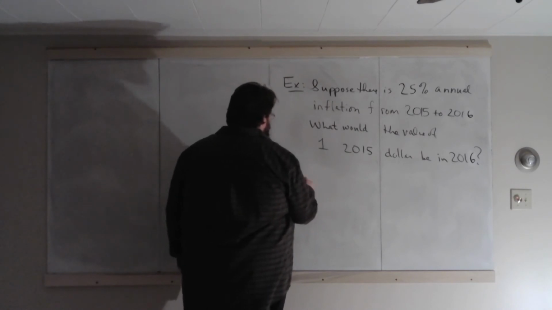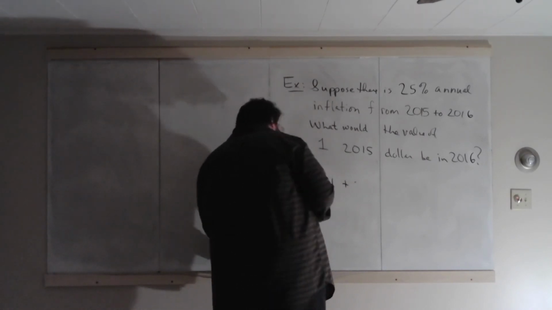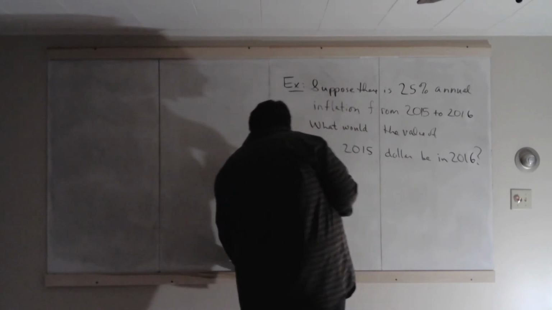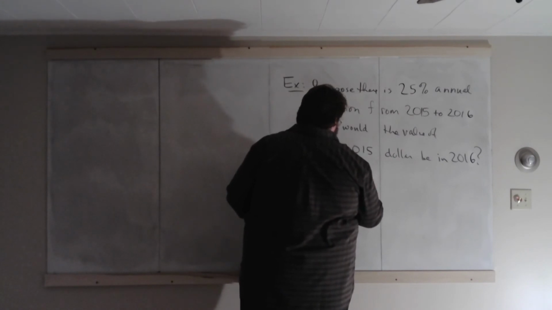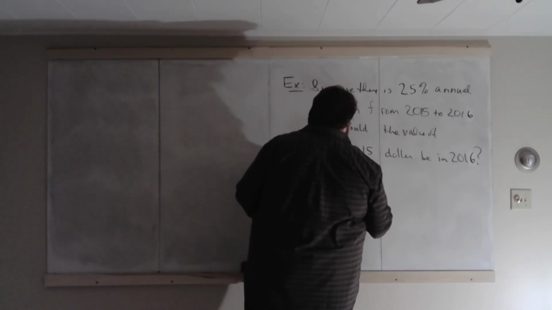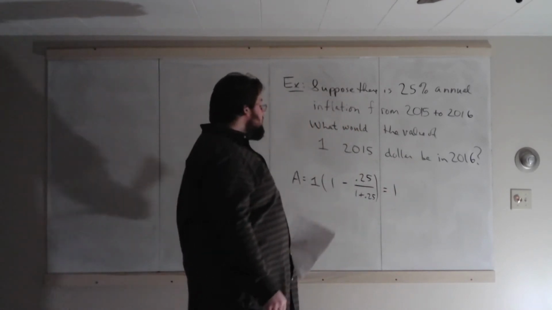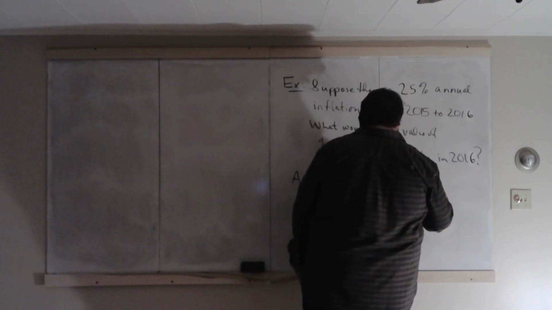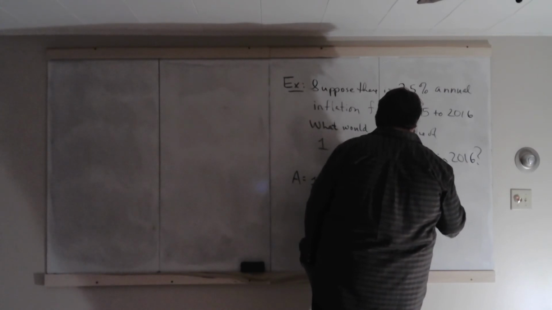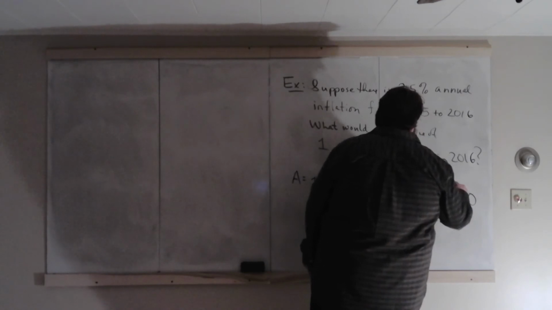Well, it would be A equals 1 times 1 plus, or minus, not plus. It's negative because inflation causes the dollar to lose value. Negative 0.25 over 1 plus 0.25, in this case raised to the 1st power, equals 1 minus 0.25 divided by 5 quarters. 1 quarter divided by 5 quarters is 1/5. 1 minus a 1/5, which equals exactly 80 cents.